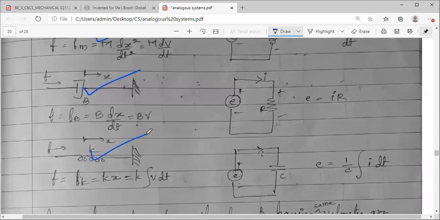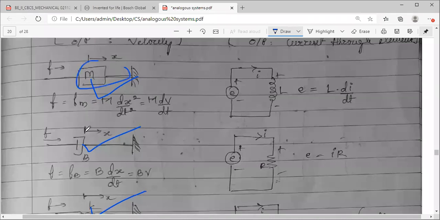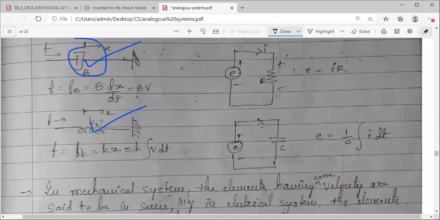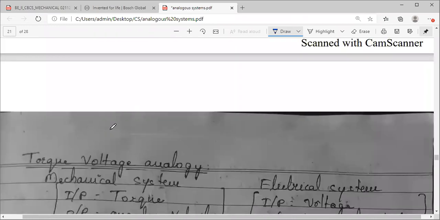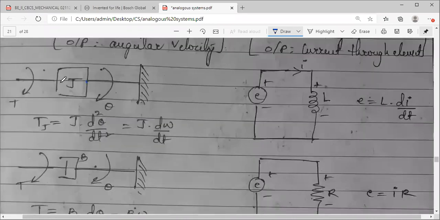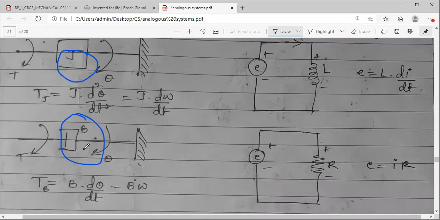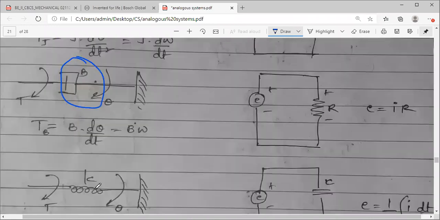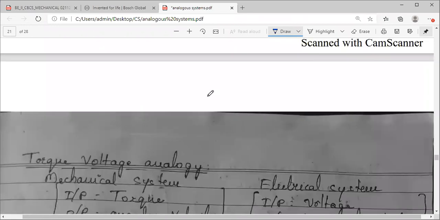Force voltage is for translational mechanical system, wherein you have a mass, you have a damper, you have a spring. In case of torque voltage, you have moment of inertia, you have a torsional spring, that is K and D, damper, dashpot. So only that is the difference.